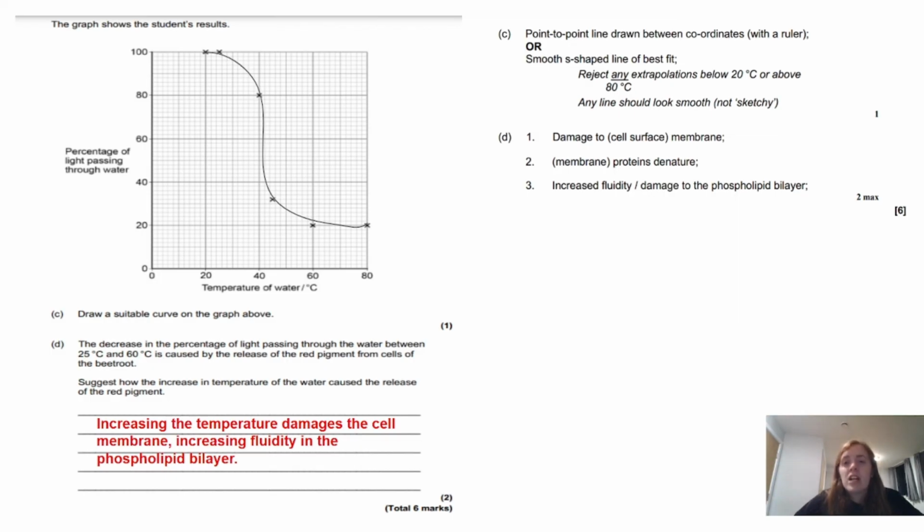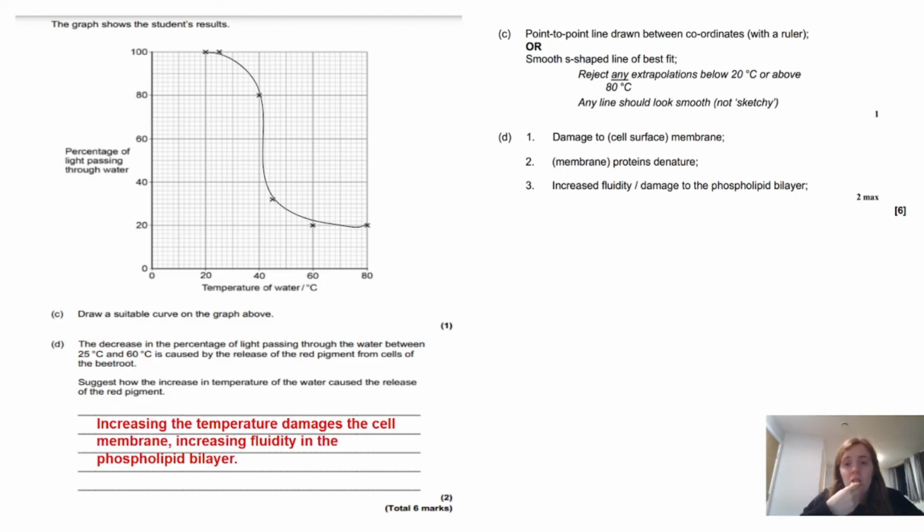It says reject any extrapolations below 20 degrees or above 80 degrees. And this is really important because you haven't measured any of these temperatures, so you don't really know what the results would be.